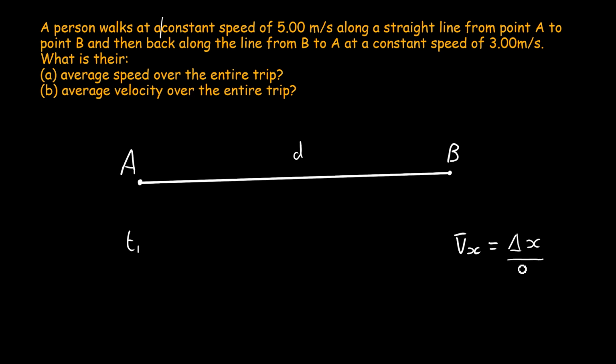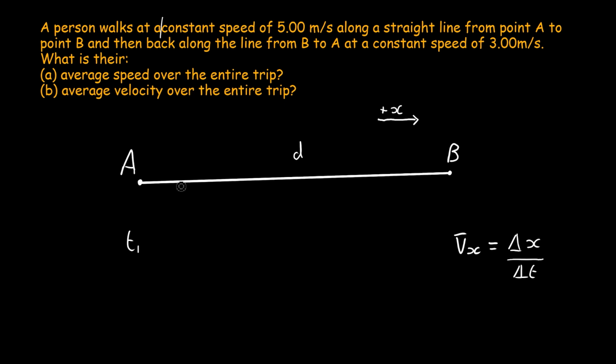So let's assume for a second that this line lies across an x-axis and our positive direction moves from A to B. Now this is our choice. We could quite easily say that moving from B to A moves in the positive x direction.